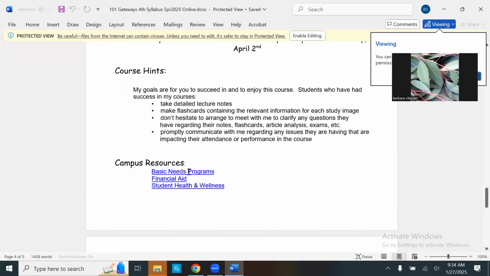And then I put a couple of links here. There's a basic needs program on campus that is basically geared to make your life as a student easier. I always encourage students to look at financial aid. There is financial aid at City College that goes unclaimed. You may not think you qualify, but you never know until you try, okay? And then I also put the link to student health and wellness information there.